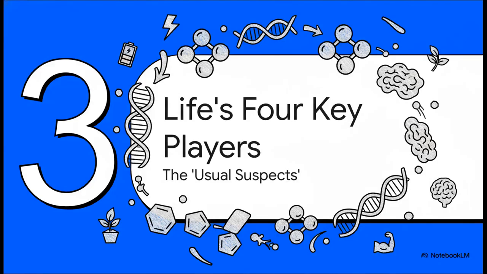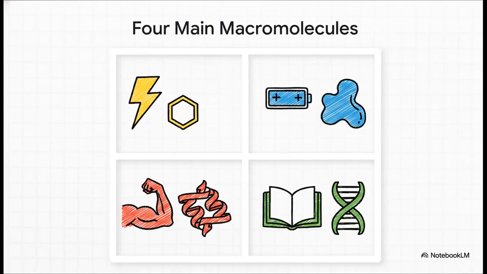Now, here's the thing. While there are literally millions of different organic molecules, they mostly fall into 4 big categories. In our investigation, these are what we'll call the usual suspects, the macromolecules that build us, power us, and keep us going. So first up, you've got carbohydrates, which are basically our go-to source for quick energy.